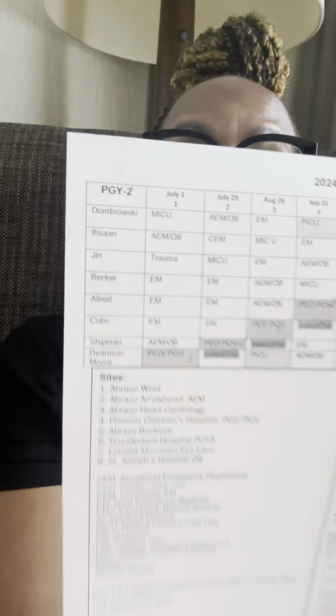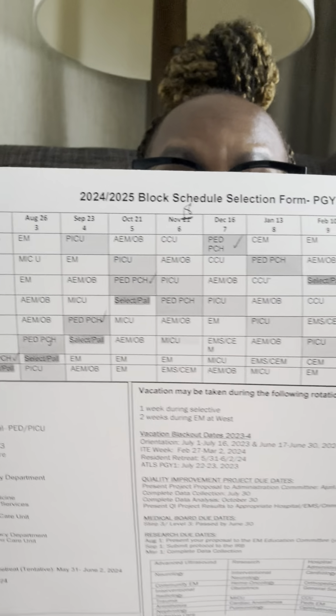I had other questions about our rotation or block schedules. I know that my block schedule, especially after my PD does it, is just everywhere, but I can follow it. But I go a step further, and this is just me, I like to put my block schedules down like this.